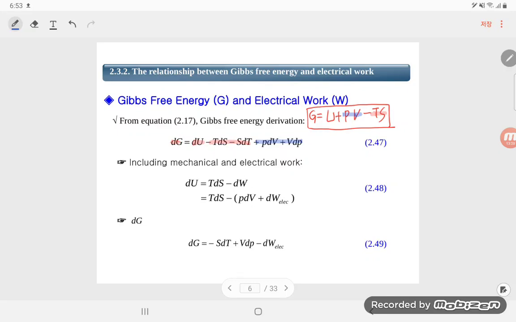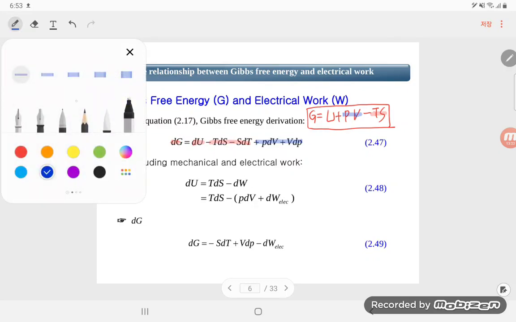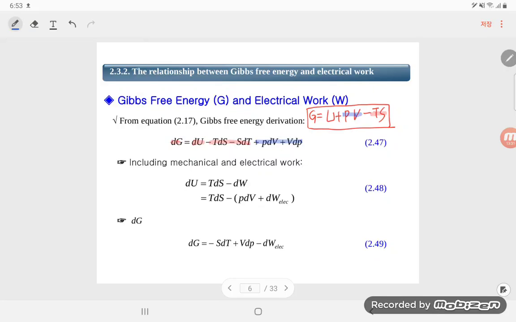Okay, from now on the work can include the mechanical work and electrical work. So we can express the work as PdV plus dW electric.